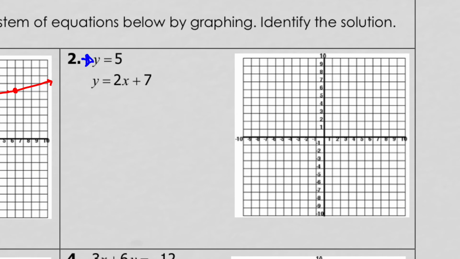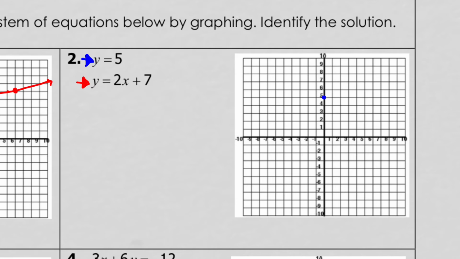Okay, so the top one will be blue, and the bottom one will be red. How do I graph the blue? How do I graph y equals 5? Start at 5 on what axis? The y-axis. So if I put a point at 5, how do I get another point? Is there a slope here?